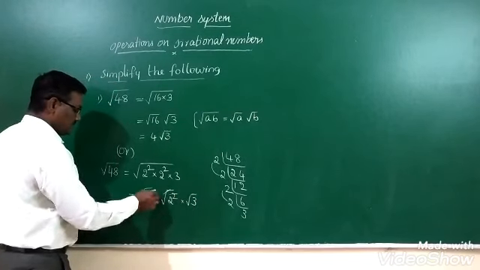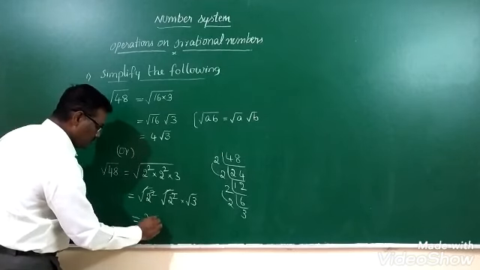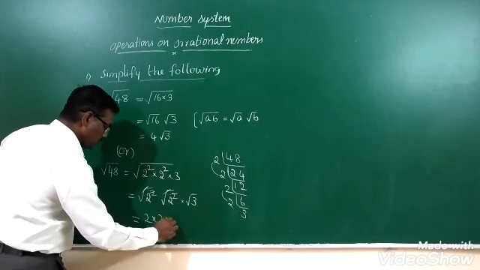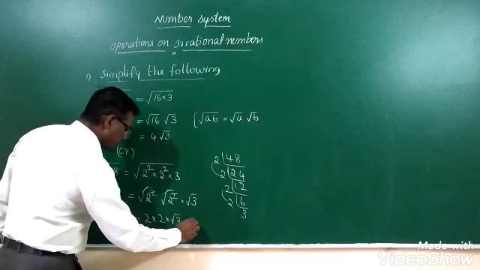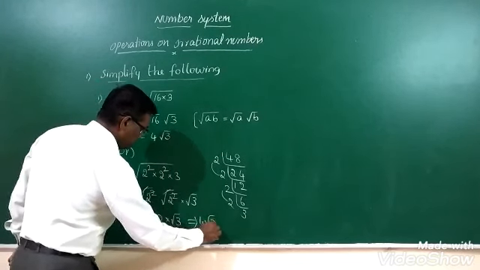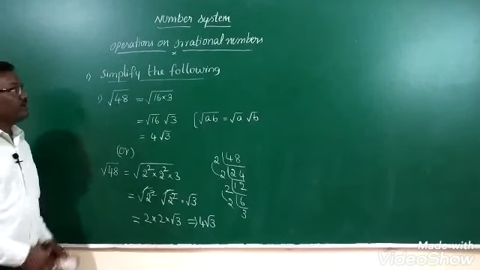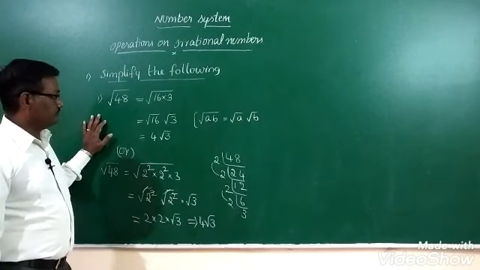Square and root cancel. Therefore, 2 into 2 into root 3, that is equal to 4 root 3. Yes, this is the way we simplify an irrational number.